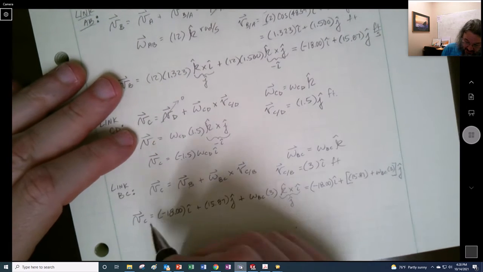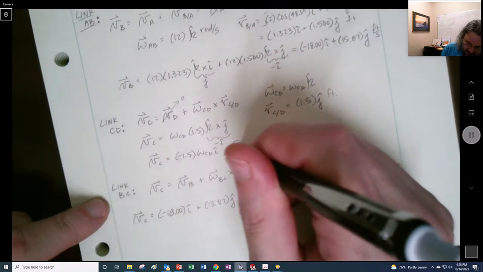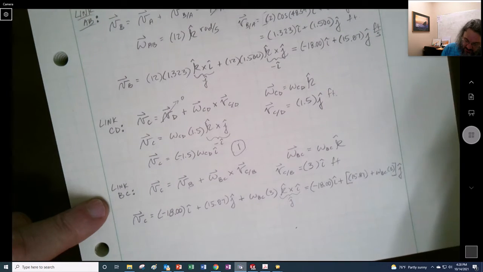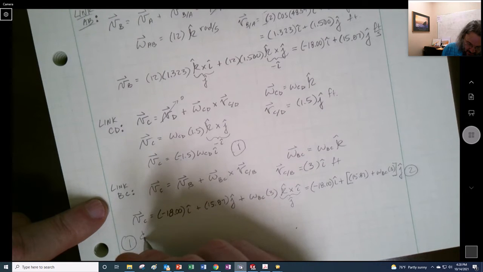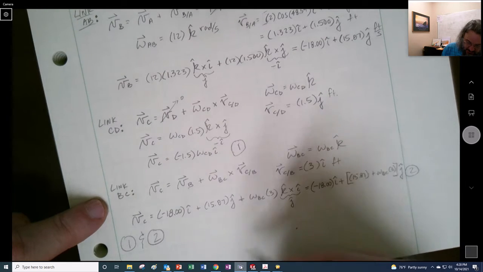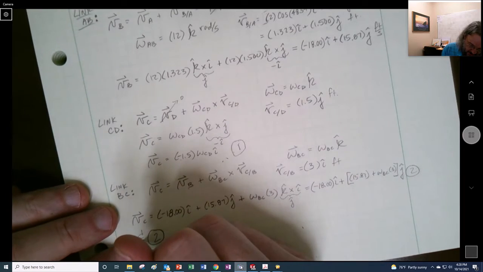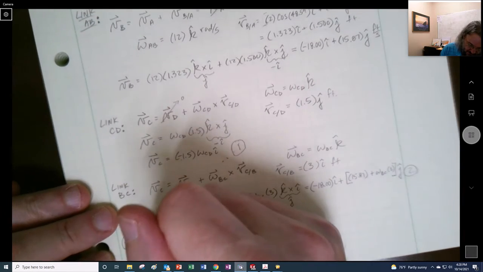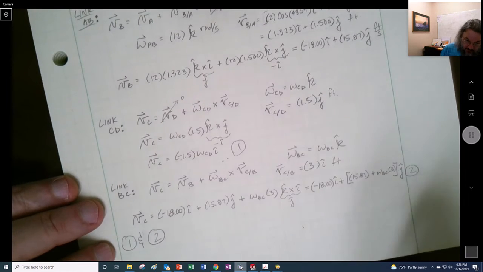So let's equate them. We might call this equation 1 right here, and here is equation 2. So 1 and 2 together. That's supposed to be an and symbol, not a very good one. Let's try a better and symbol. And right there.